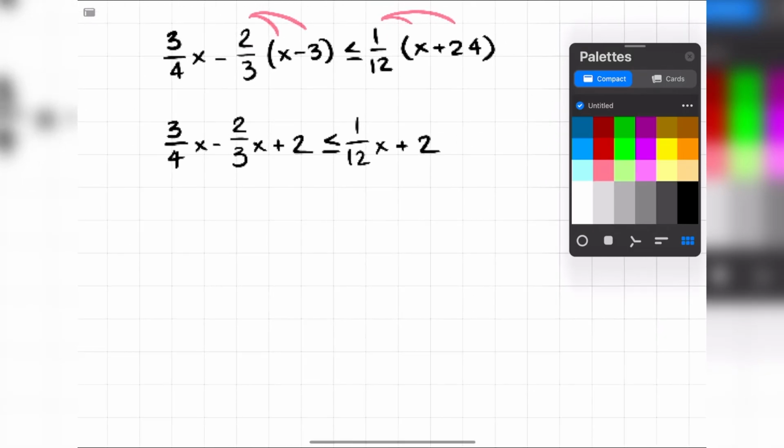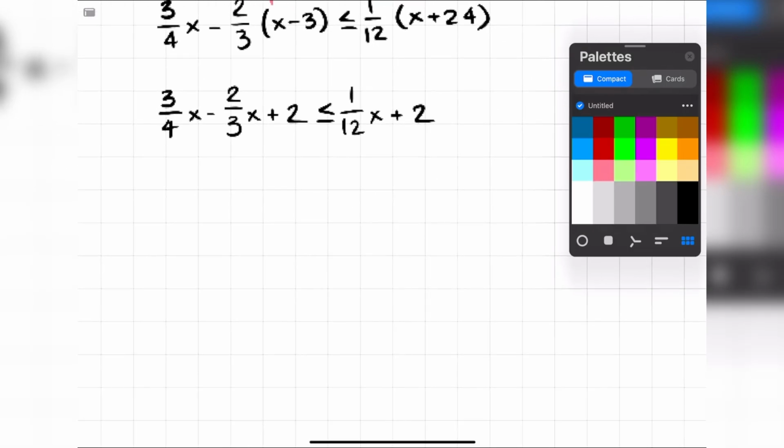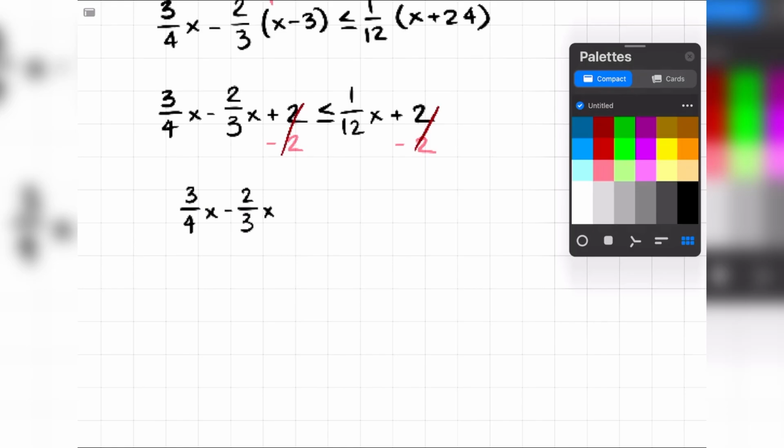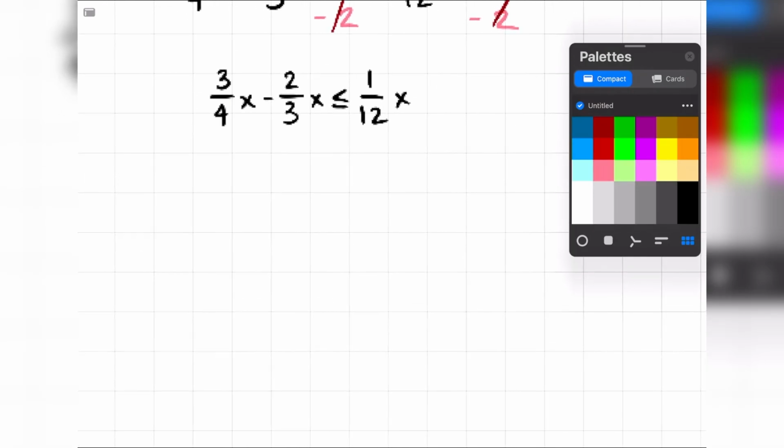Simple. Next step, we're going to try to move everything together. So here, you would subtract 2 from both sides. That cancels them out. Now you're left with 3 over 4x minus 2 over 3x is less than or equal to 1 over 12x. Okay.